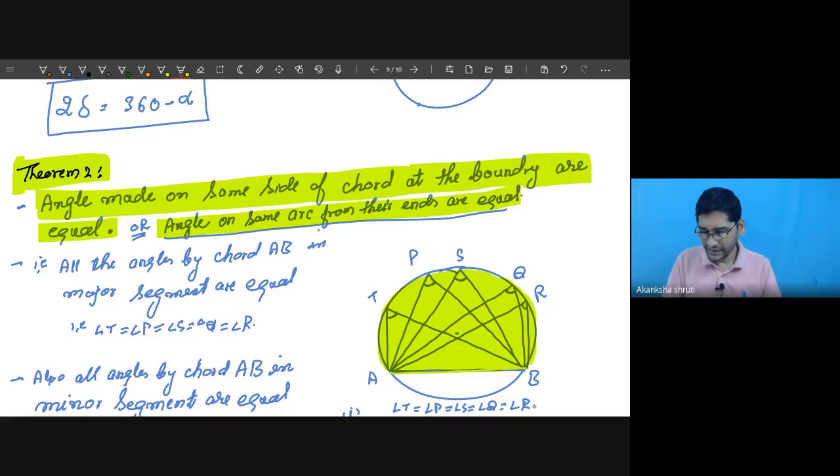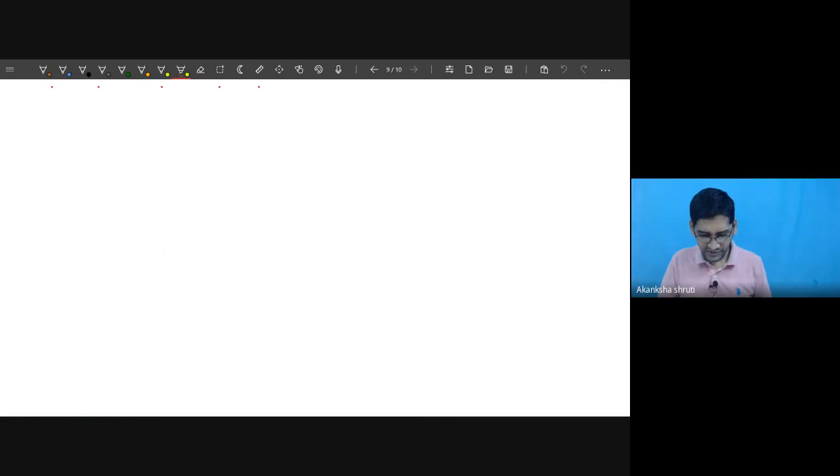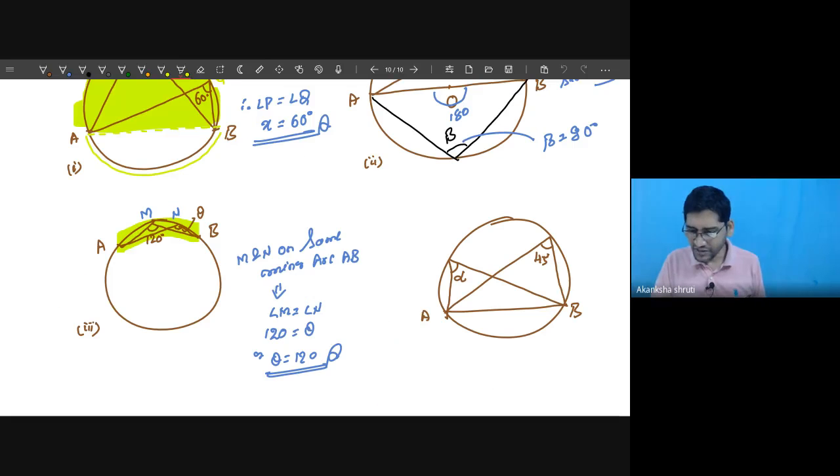Like here, A to B major arc we have considered, and different points P, T, Q, S, R are on the same boundary. So it is this one. So questions are very simple. Now coming to this fourth question. What is the value of alpha here? Center O is not there and they are on the same chord AB.